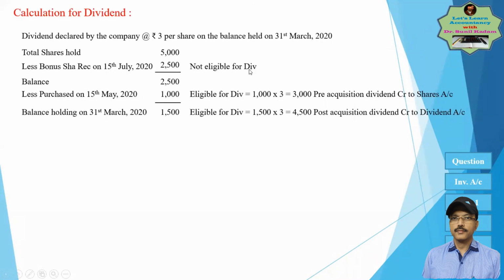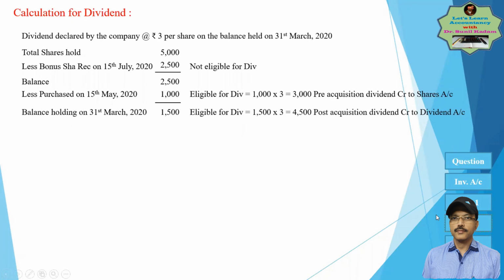It is received, out of which one portion is pre-acquisition and another is post-acquisition. Pre-acquisition is credited to the investment account and post-acquisition is normal income and it is transferred to the dividend account, and later on it will be transferred to profit and loss account. But the dividend or returns received for the pre-acquisition period have to be credited to the investment account, right?